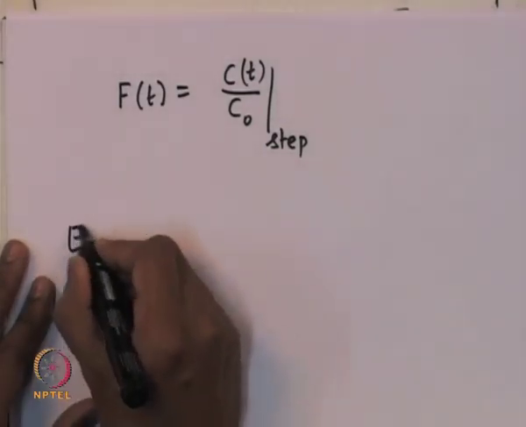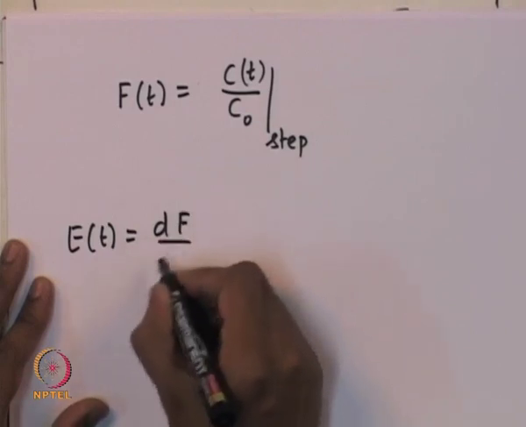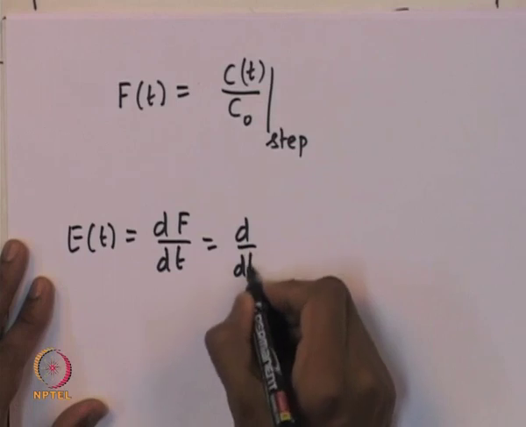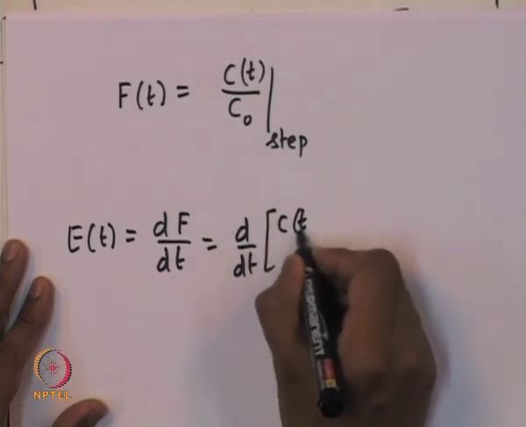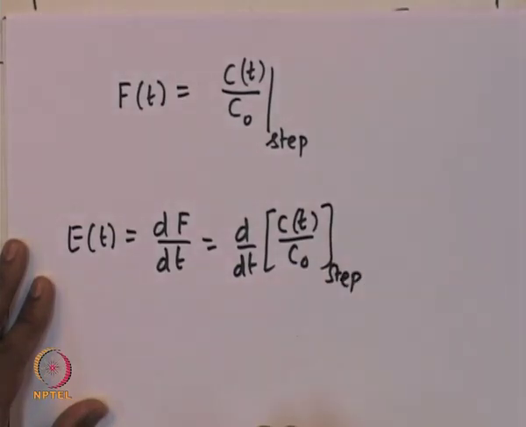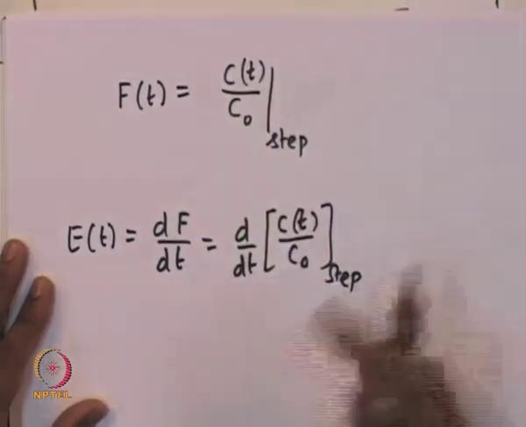Therefore, it can easily be shown that E of t is equal to the first derivative of F with respect to time, that is d by dt of C of t divided by C naught. So, F basically says what fraction of the fluid is leaving the reactor with a certain residence time.